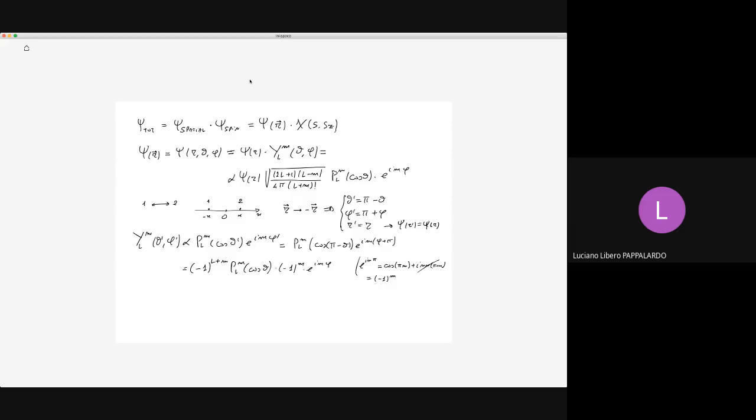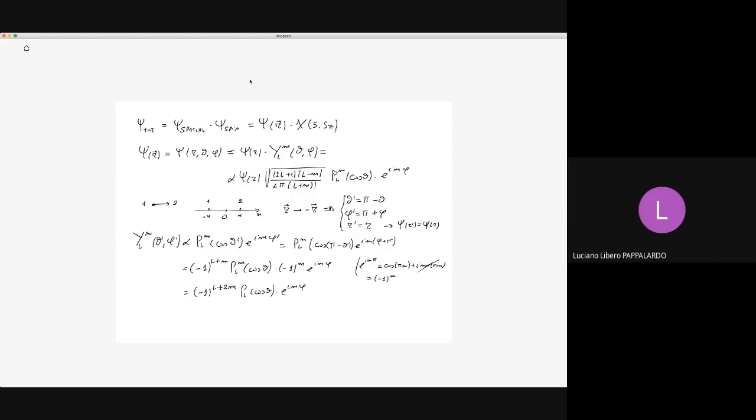Okay, so let's continue from here. Now we can merge these two coefficients into a single one. So we have (-1) to the L plus 2m. Then we have P_L of cos theta, and then e to the i m phi.